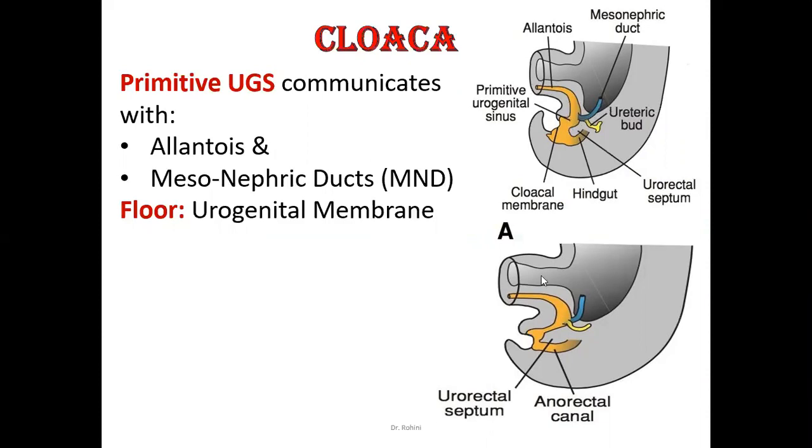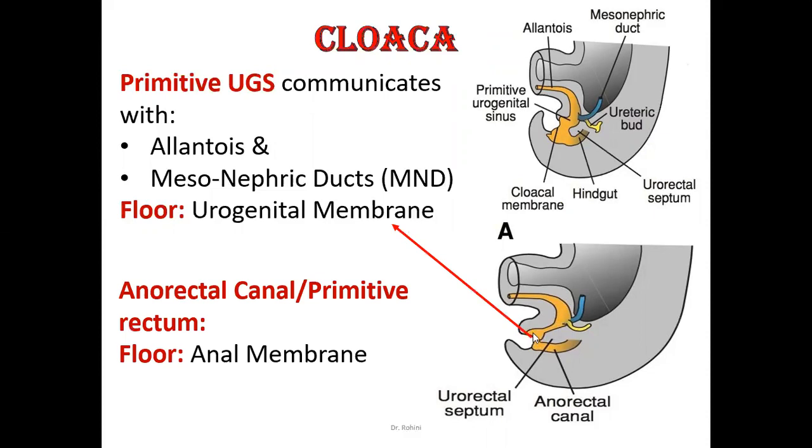The floor of this is formed by the urogenital membrane, and behind we have the anorectal canal, where the floor will be formed by the anal membrane. So the cloacal membrane has two parts, the urogenital membrane and the anal membrane. Okay, and now we'll discuss the primitive urogenital sinus.